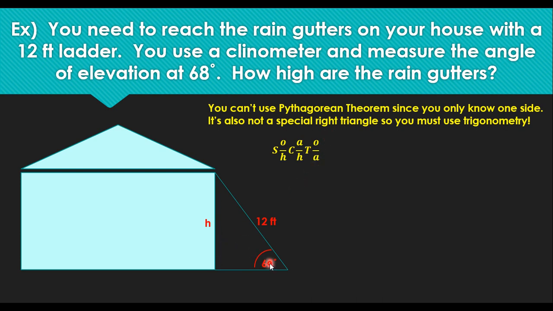So if this is my angle, theta or whatever, this is the opposite side. This is the adjacent side because it's right next to the angle, and this one is across from it. I'm assuming this is a 90-degree angle. This one is going to be my hypotenuse. So I like to think about what I know and what am I trying to find, right?